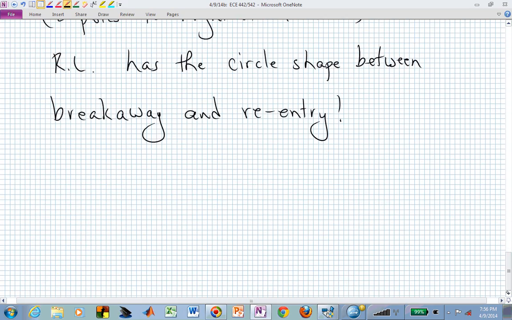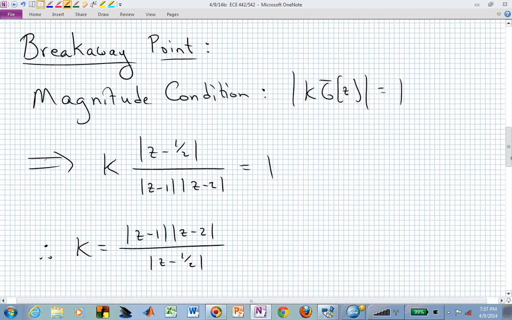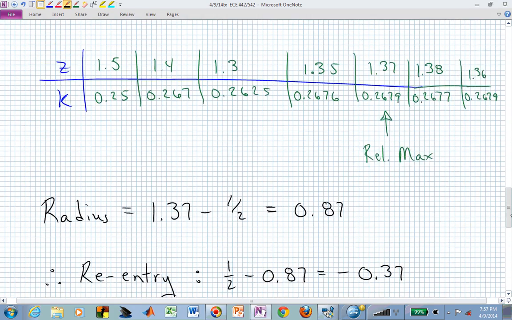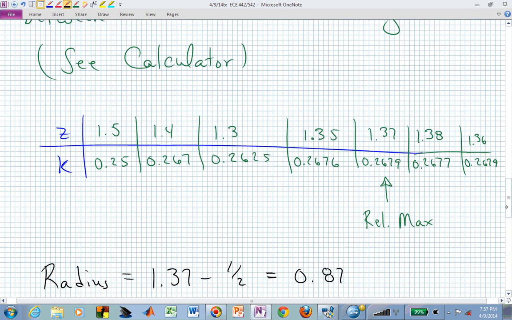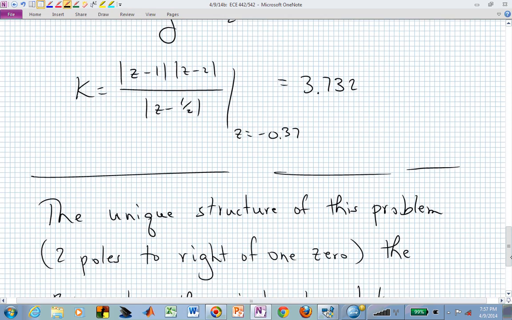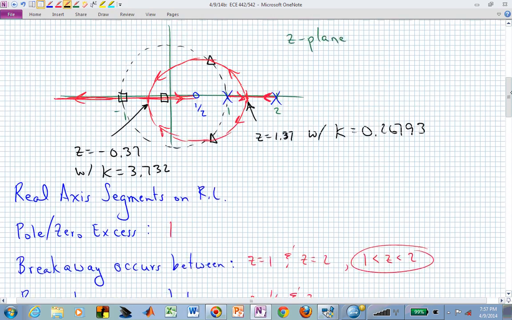So let's now find the minimum value, and we know that it needs to be bigger than 0.268 and less than 3.7. It's somewhere between those two values of gain K, the breakaway and re-entry.